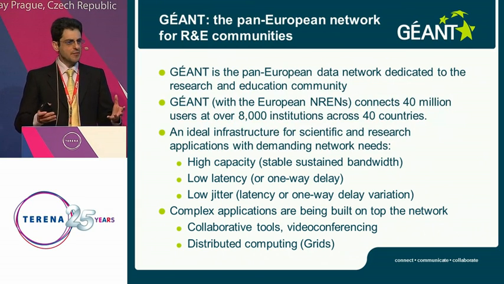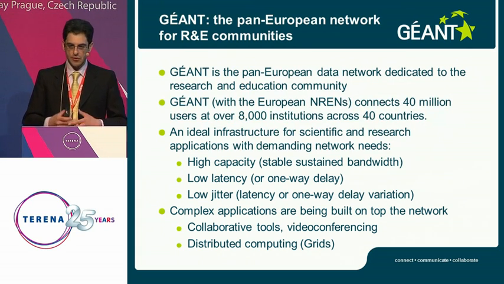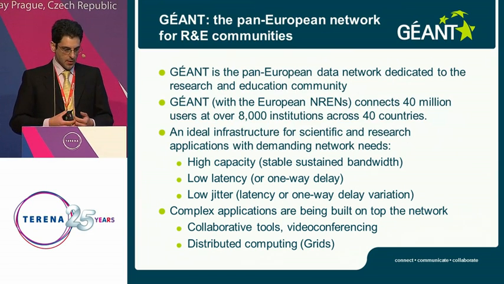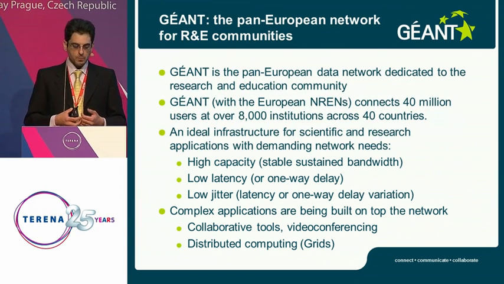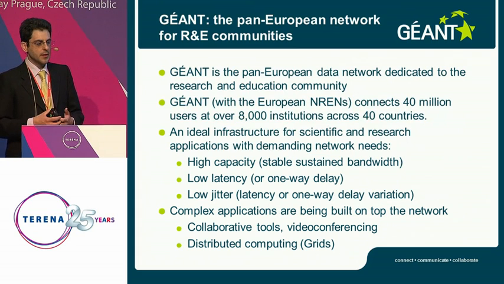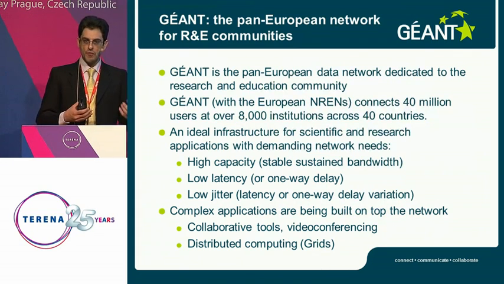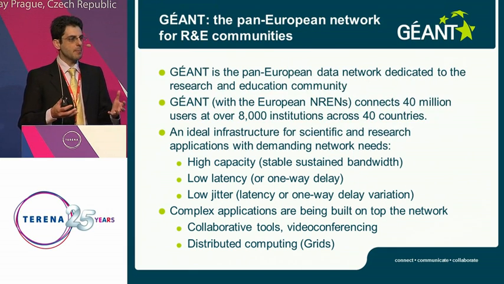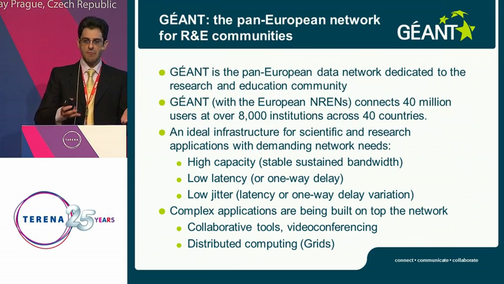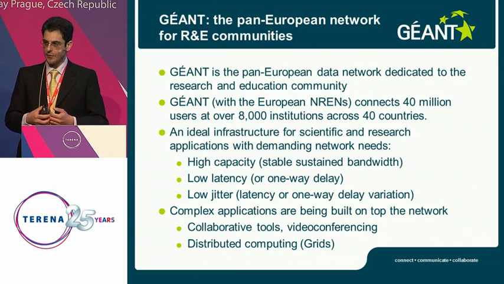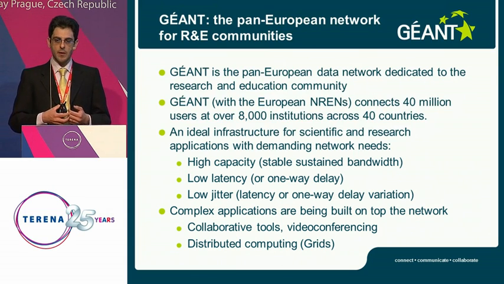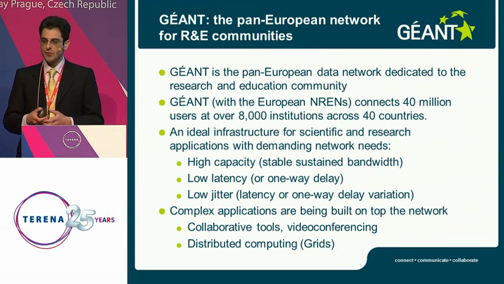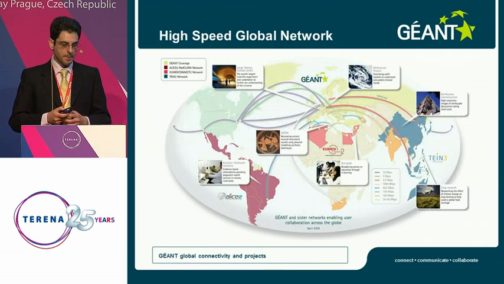So it makes an ideal infrastructure to build advanced applications, share data, and start doing real research. And this is also because we are able to provide high capacity thanks to an over-provisioning of the network, low latency, low jitter. So complex applications can find in the NRENs and GÉANT a natural place to be. Collaboration is then enabled. We have video conferencing, we have distributed computing, and so on.